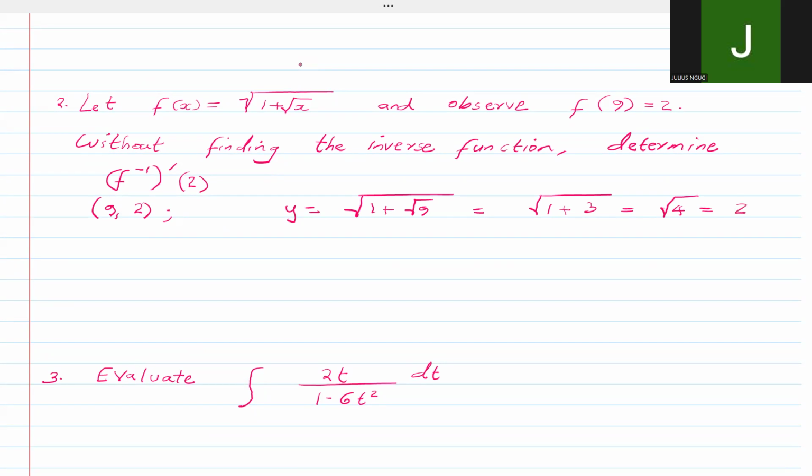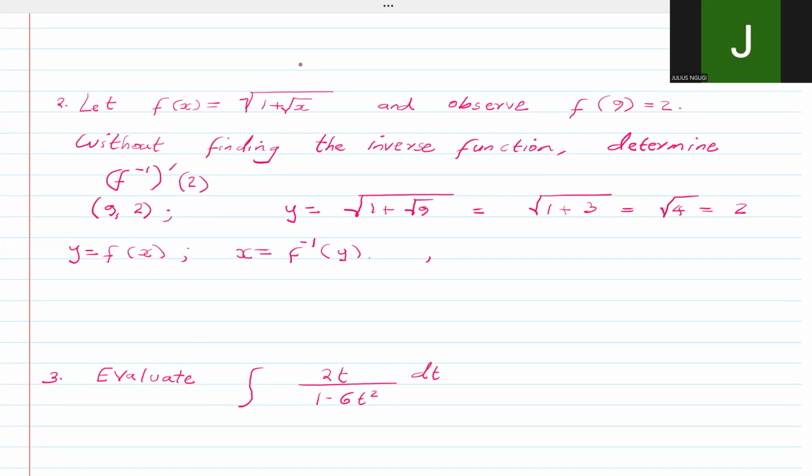This becomes 2. Then, without finding the inverse function, determine the derivative of the inverse at that point. We recall that if y equals f of x, and the function is injective, then x equals f inverse of y.